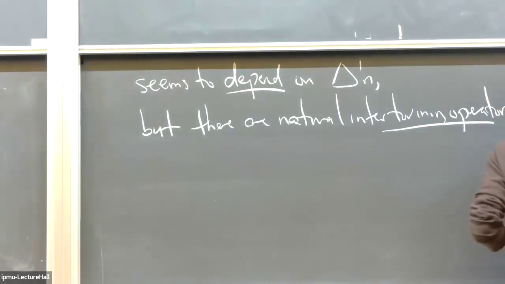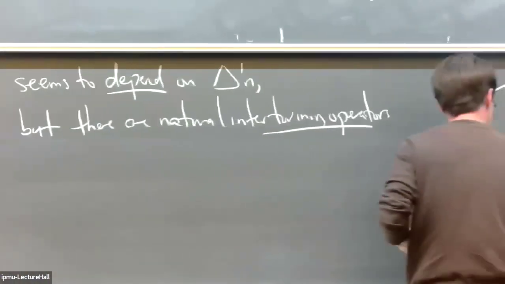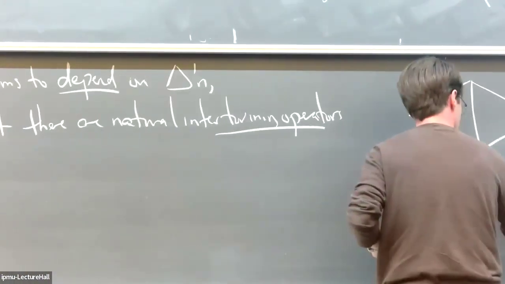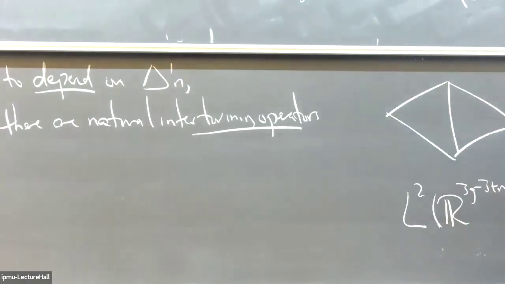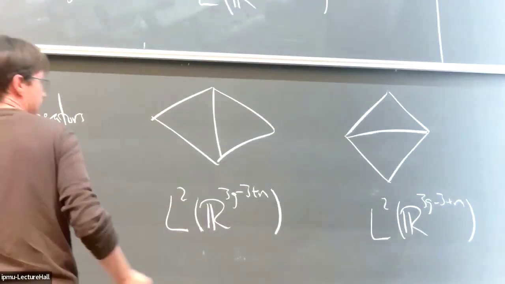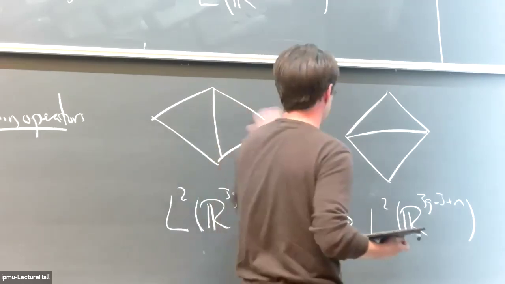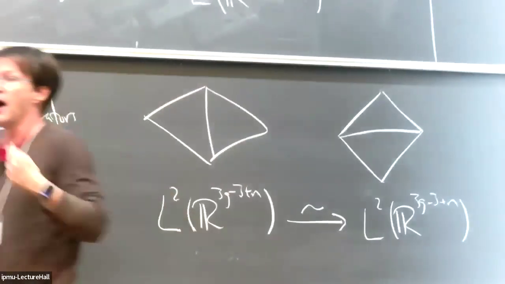If I have two ideal triangulations, maybe one of them looks like this. I'm just drawing part of the triangulation. I take this triangulation and this triangulation. Each of these triangulations, I associate one of these quantization vector spaces. And then there's a canonical isomorphism between these two that implements the effect of this flip.